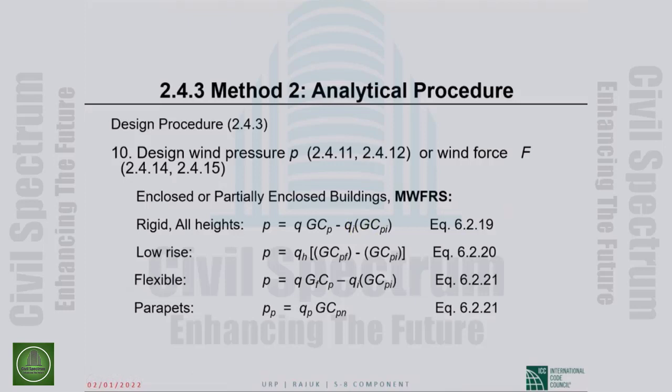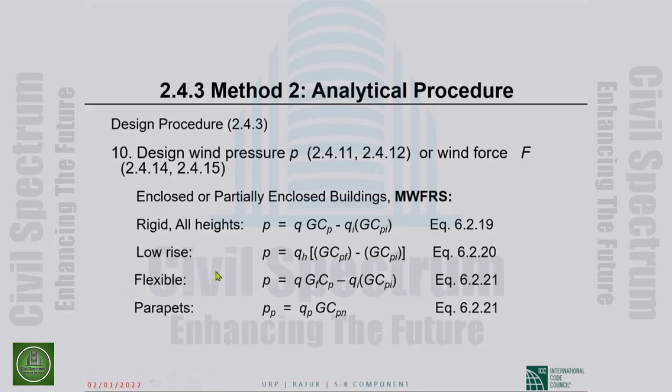So when we are designing the overall building, the horizontal pressure, the internal pressure term cancels out, doesn't matter. What we apply on the building is positive pressure on the windward face minus the suction on the leeward face. But if we are designing the roof or the roof members, then we apply this equation as it is. And remember, we have to consider positive internal pressure as well as negative internal pressure.